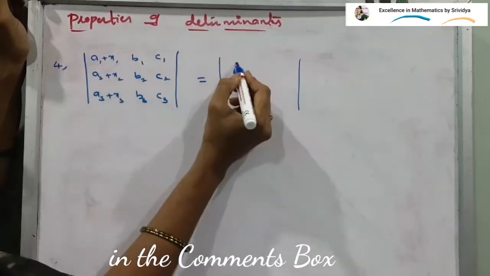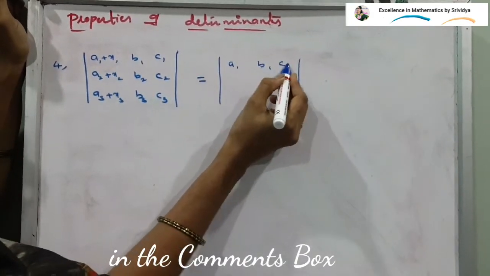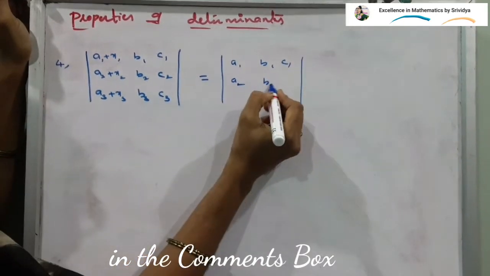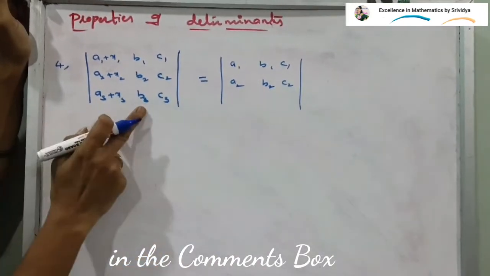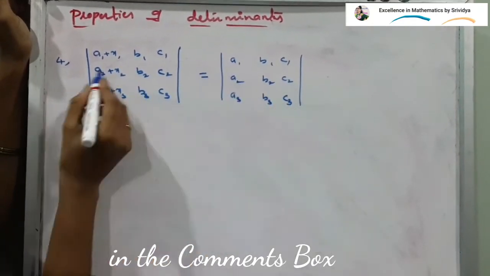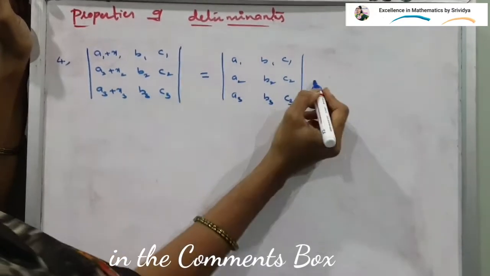Means A1, B1, C1, A2, B2, C2, A3, B3, C3. Here the symbol is a plus in the middle.